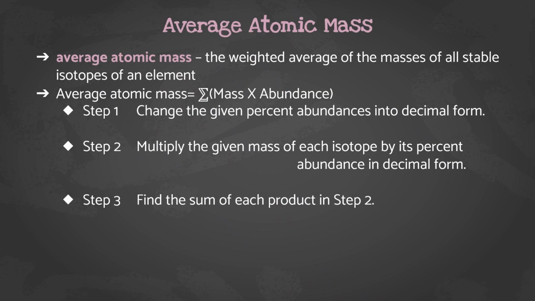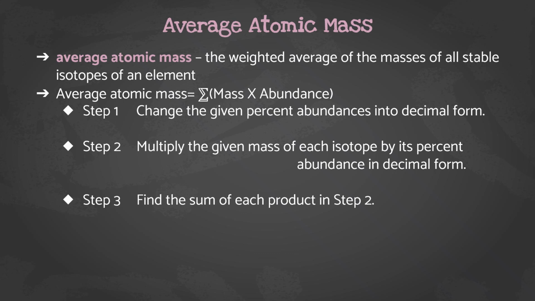So we can find the average atomic mass by taking the sum of all of the different isotopes' mass times the abundance. And we can do this in 3 steps. First, we need to change the given percent abundance to decimal form, and we'll do this by dividing by 100.